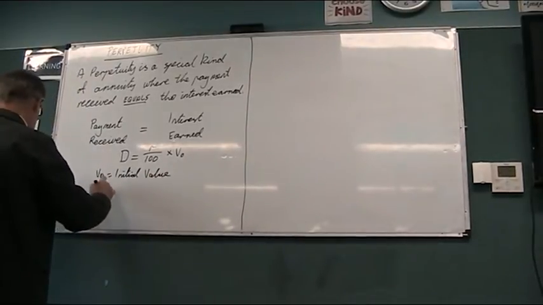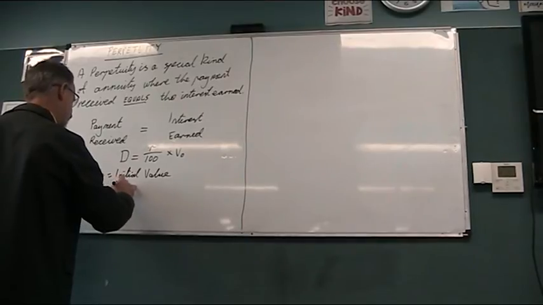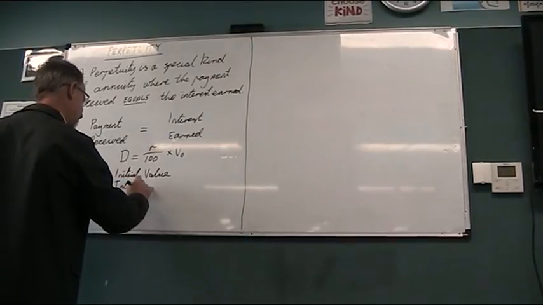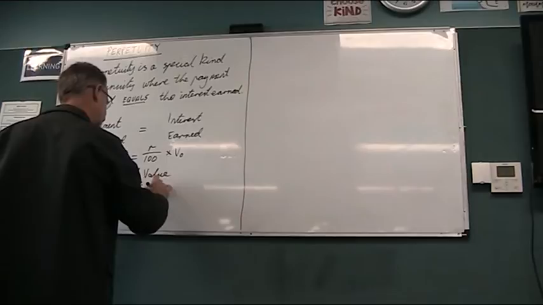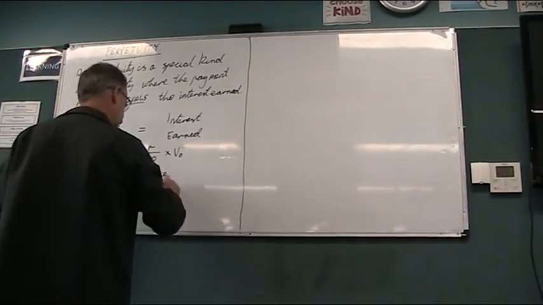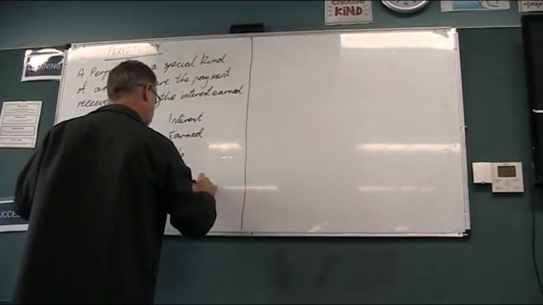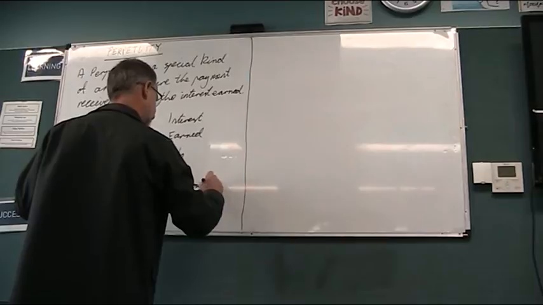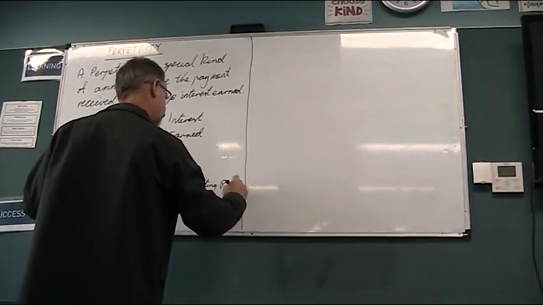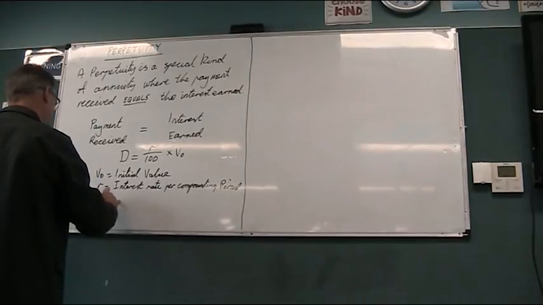So V0 is our initial value, little r is our interest rate per compounding period, and D is our payment we receive.